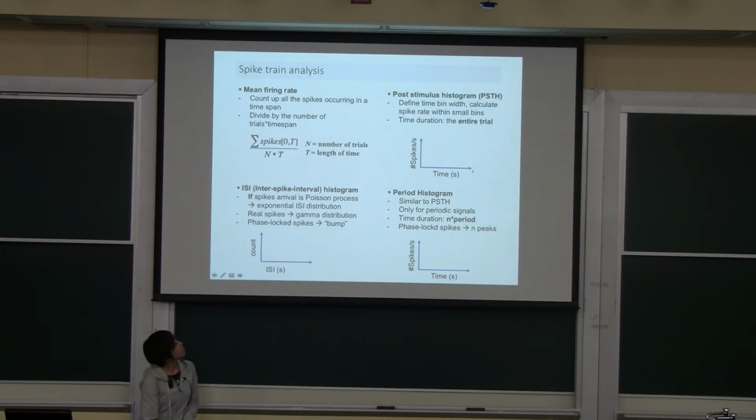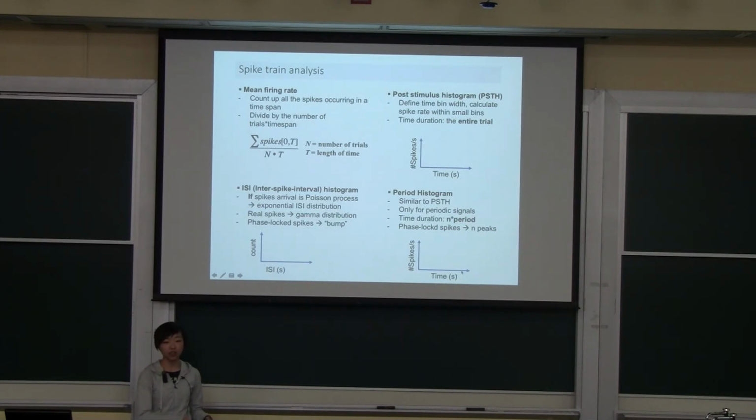Okay. What else? Now let's compare those two, period histogram and PSTH. The period histogram is similar to PSTH, and the difference is that instead of the whole trial of your spike train, you're taking multiple integers of the period of your stimulus. If you're presenting a sinusoidal sound wave which has a period of 10 milliseconds, then the whole length of your x-axis should be multiple integers, like either 10 or 20 or 30 milliseconds.